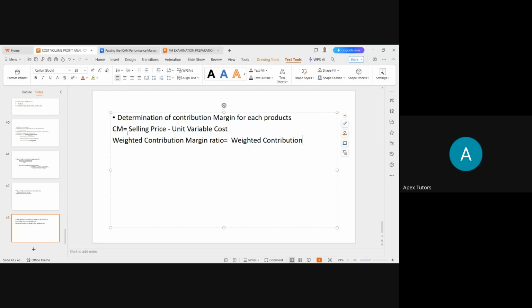So it will be weighted contribution margin divided by what? Weighted selling price. The weight of the selling price.